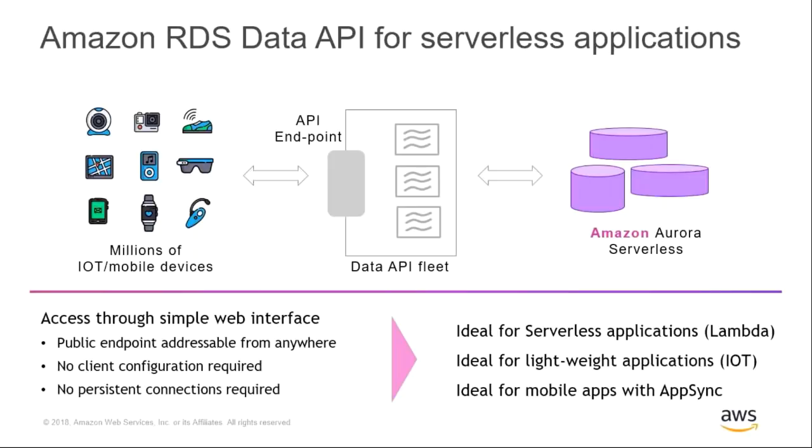In some cases, like the examples here at the bottom right, things like Lambda applications which make Lambda calls, or lightweight applications like IoT devices sending updates through the network, or a mobile app written using our AppSync synchronization technology.